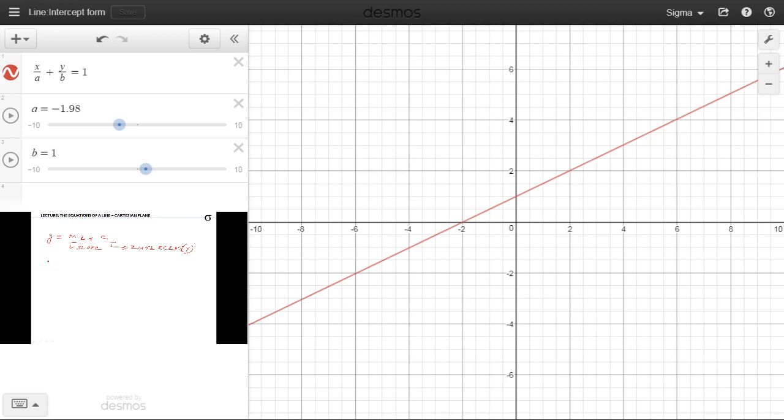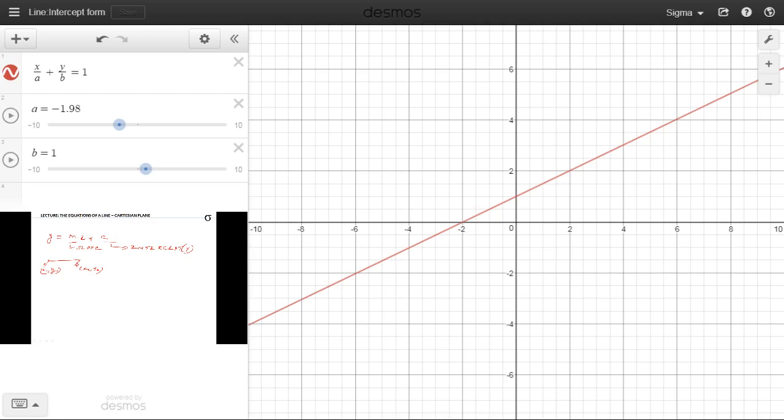The second form of representing a line is called the two-point form, which means that you have two points. Suppose we represent them as p and q: x1 comma y1 is one point, and the second one is x2 comma y2.